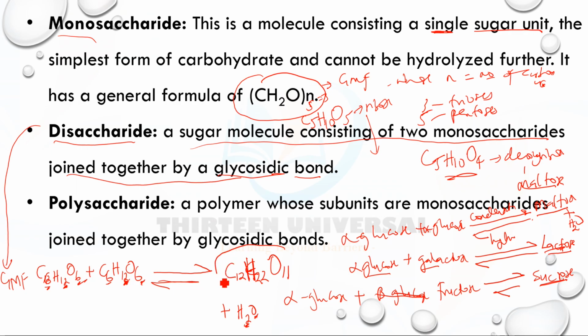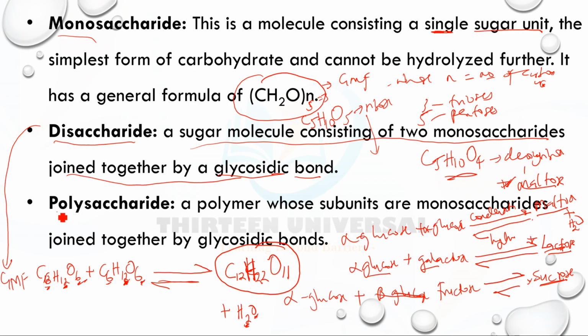So this is the general molecular formula for all disaccharides. All disaccharides have 12 carbon atoms, 22 hydrogen atoms, 11 oxygen atoms. So whether it is maltose or lactose or sucrose, okay?